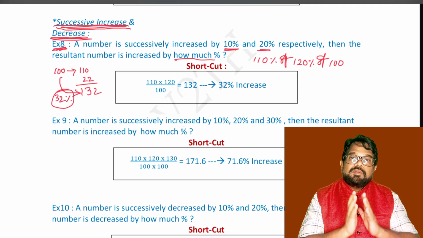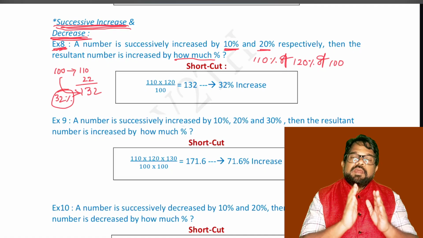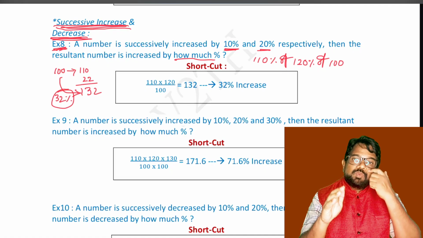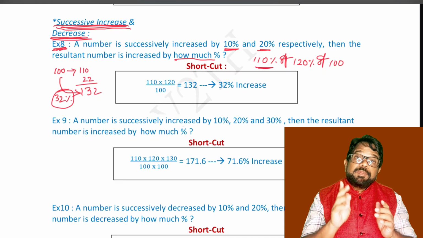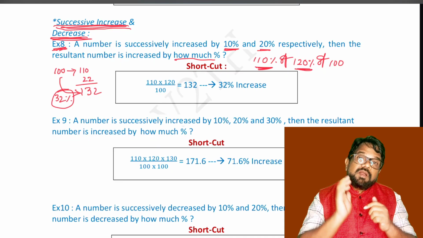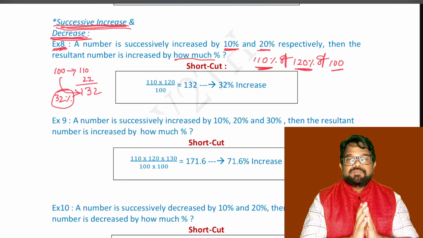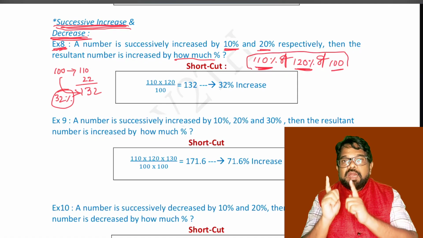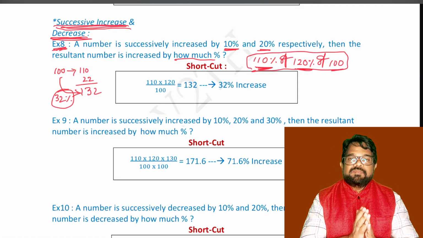But what is the shortcut of that one? Increases means we know already: 100 plus 10% increase means 110% of, 20% increase means 120% of. Original value be 100. 110% of 120% of 100, that you have to calculate.